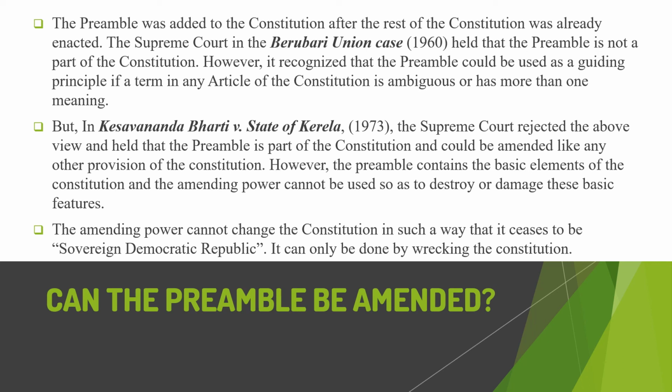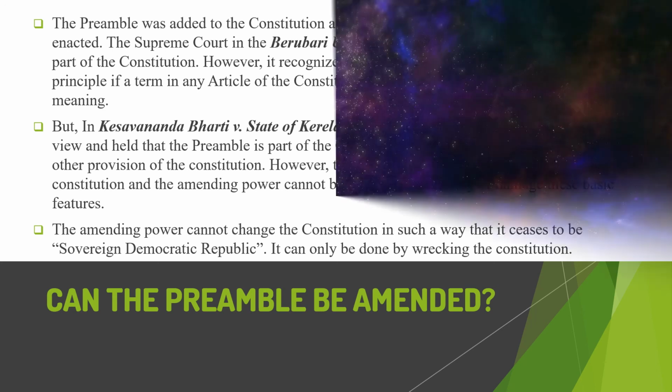On 18th of December 1976, during the emergency in India, the Indira Gandhi government pushed through several changes in the 42nd Amendment of the Constitution. Through this amendment, the words socialist and secular were added between the words sovereign and democratic, and the words unity of the nation was changed to unity and integrity of the nation.